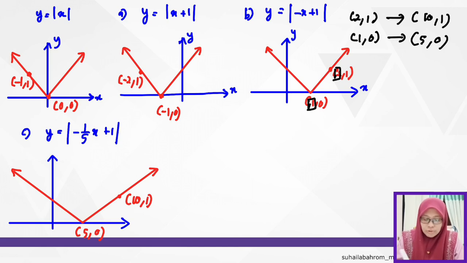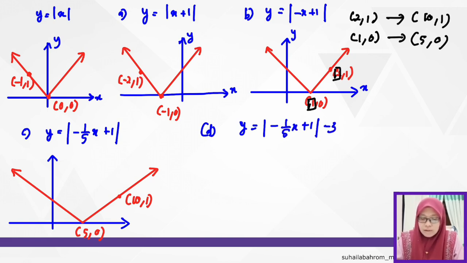And the last function, when you shift downward, for the D transformation technique, the function is y equals negative 1 over 5 x plus 1, and then minus 3. Therefore, this is how your graph looks. The coordinate of 5, 0 will become 5, negative 3.